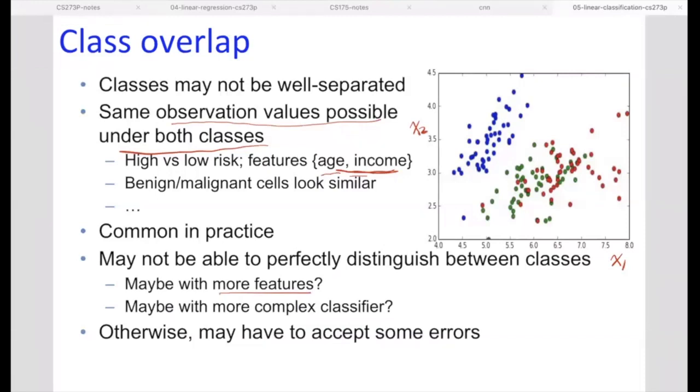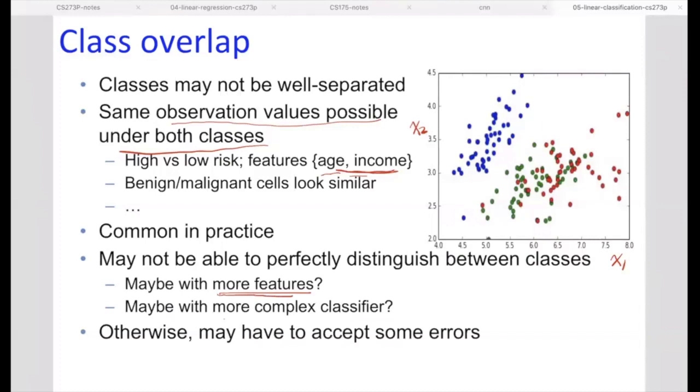Green and red clearly cannot be linearly separable. Maybe once you introduce a third feature, x3, and plot the data in a three-dimensional space, x1, x2 plus x3, the green dots might become separable from the red dots. That may be possible. So the idea is to include more features.